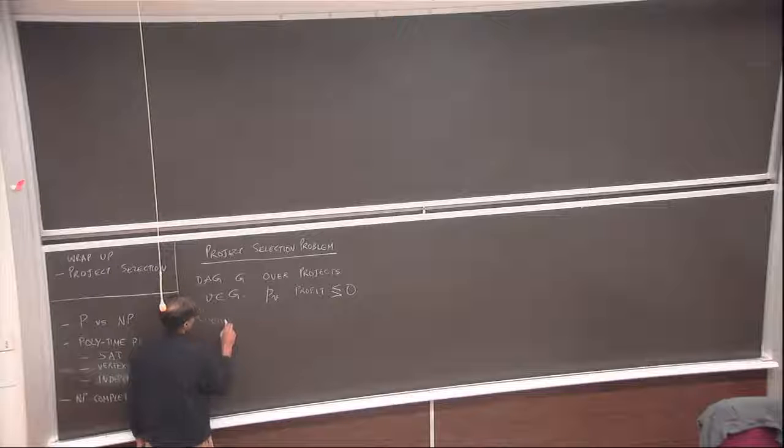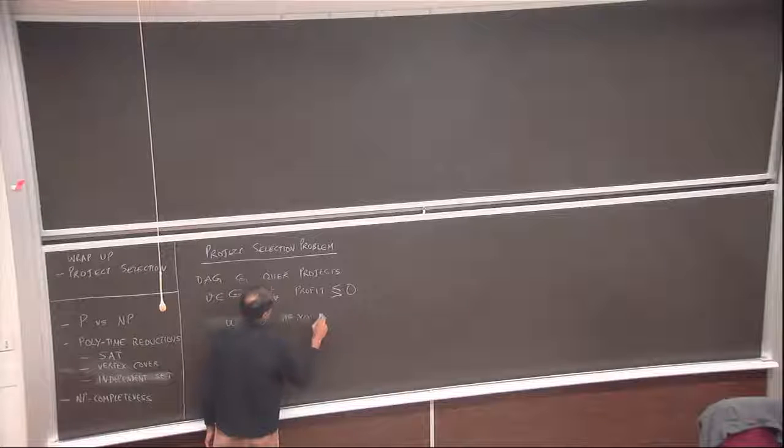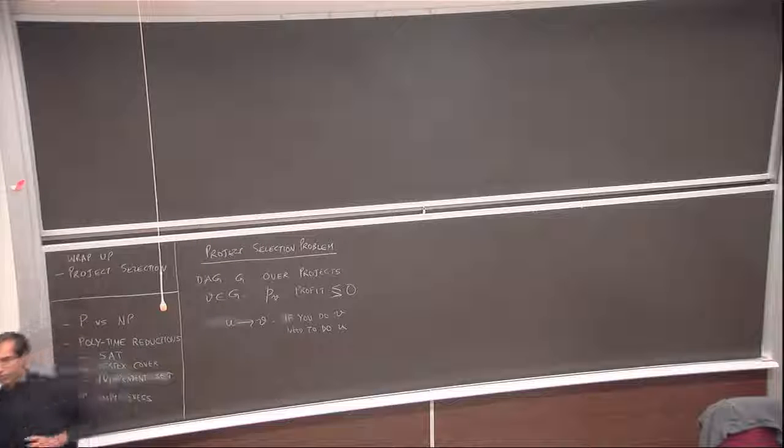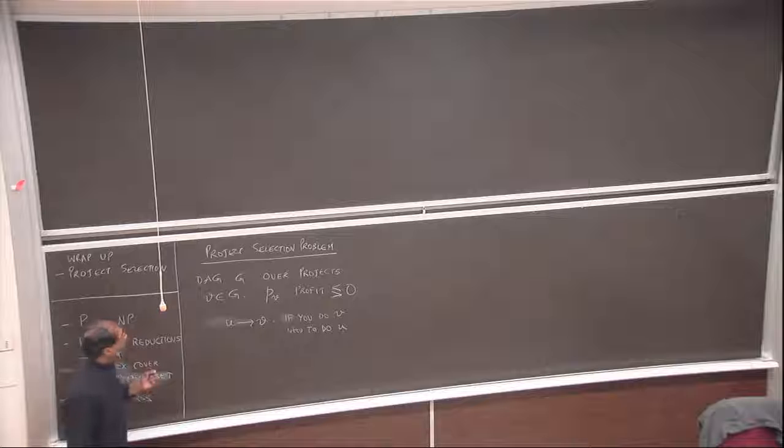If there is an edge, let's say U to V, before you do V, you need to do U. You cannot do V without doing U if you have a dependency for that. Okay, so that is the setup.